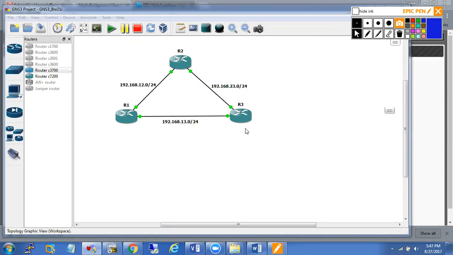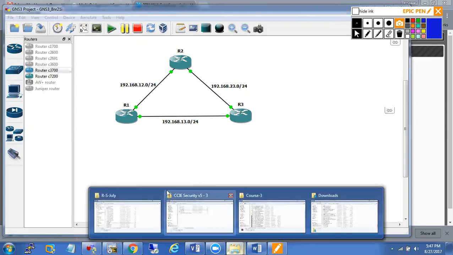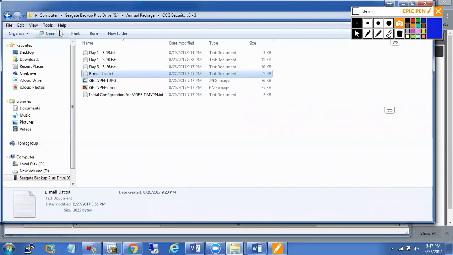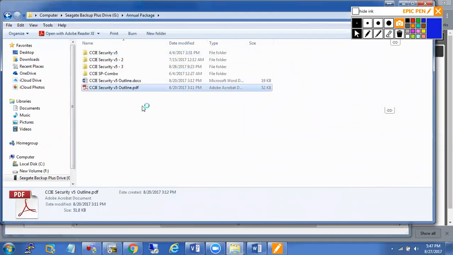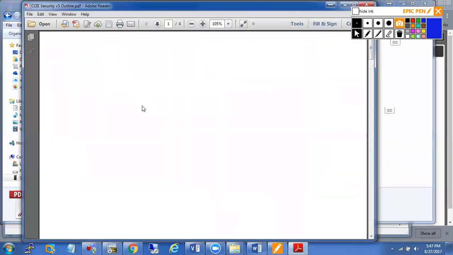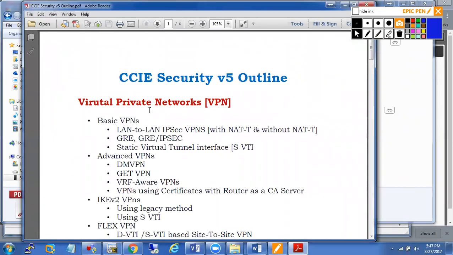All right. So let's go ahead and bring up the outline and take a look at the different things that we'll be knocking out today from the blueprint.